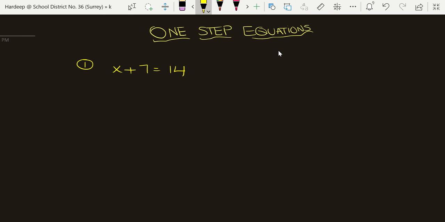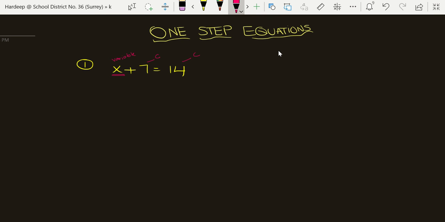When we solve one-step equations, we have the variable by itself alone. This is your variable, and this is your constant. When you solve, you have your variable on one side of the equation and your constant on the other side.